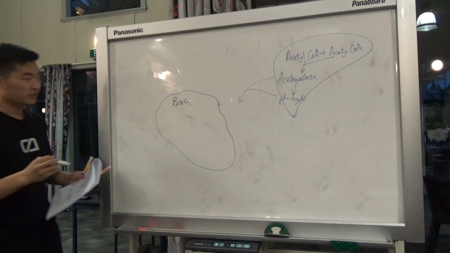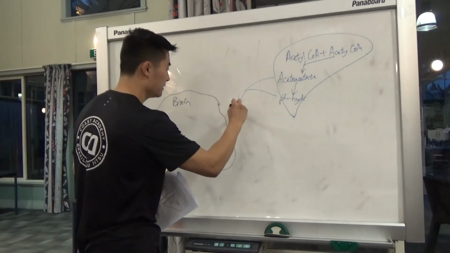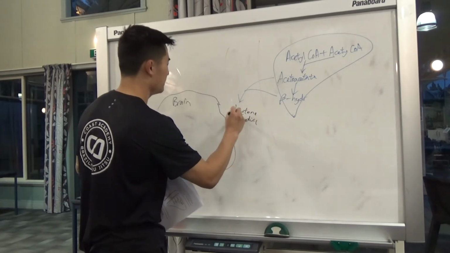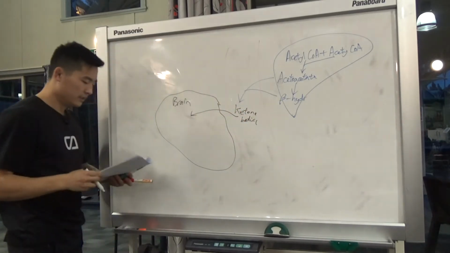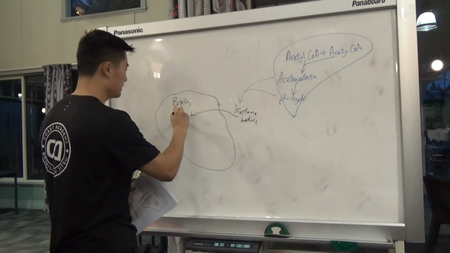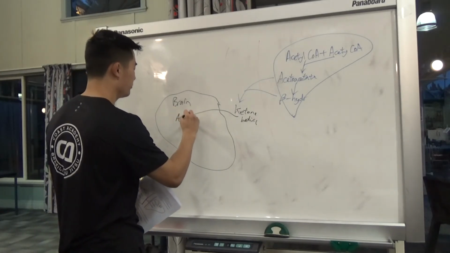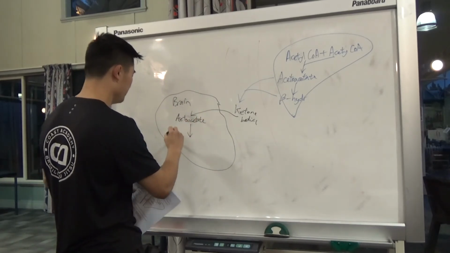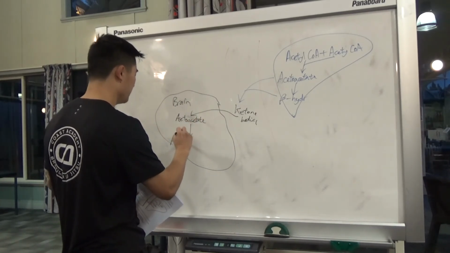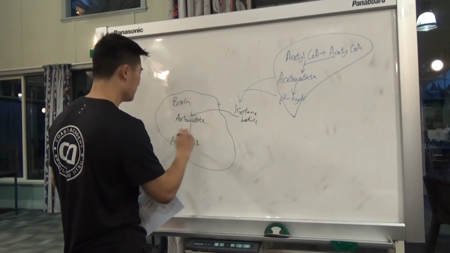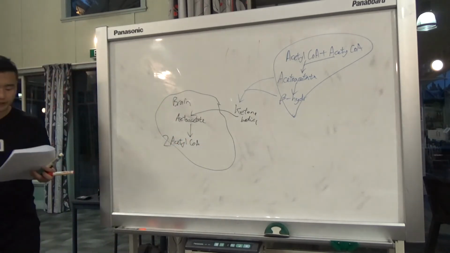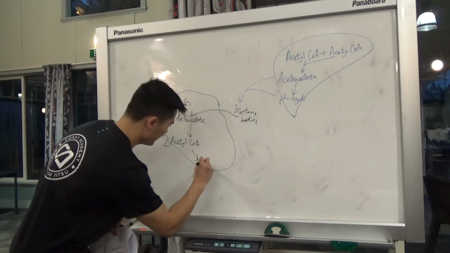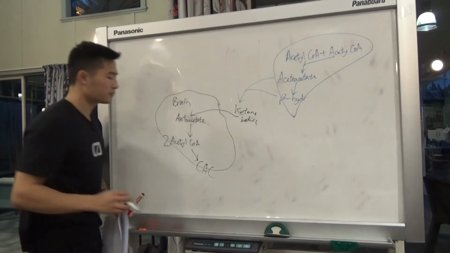And then once the ketone bodies enter the brain, they get broken back down into 2 acetyl-CoAs, and this will go into the citric acid cycle, right?